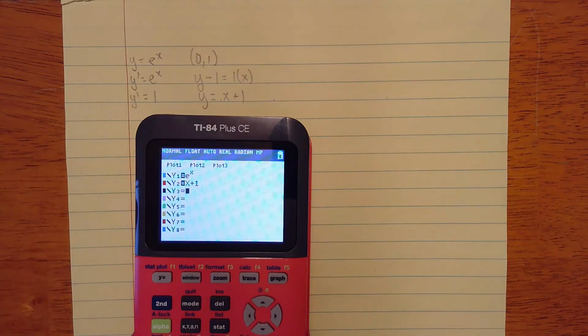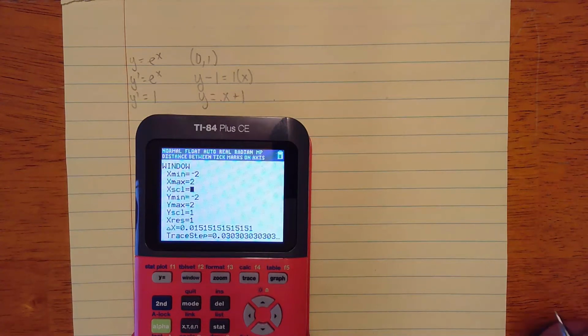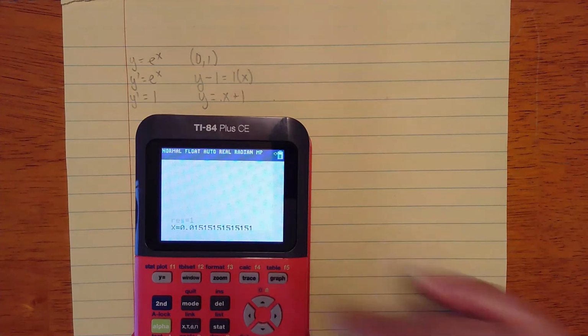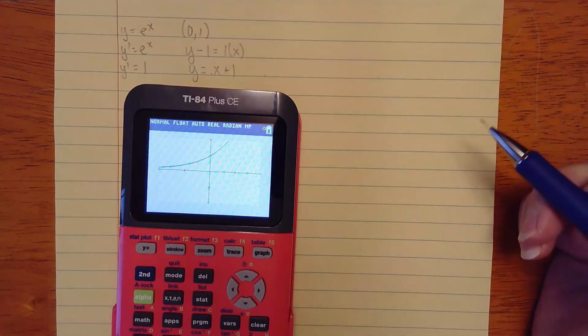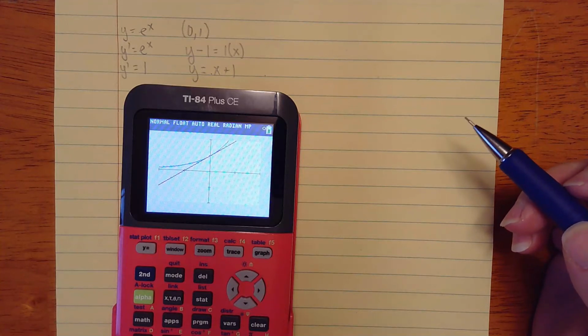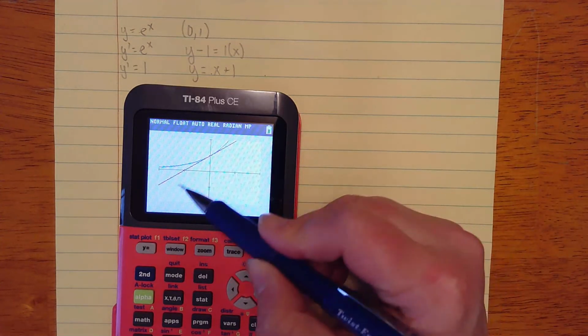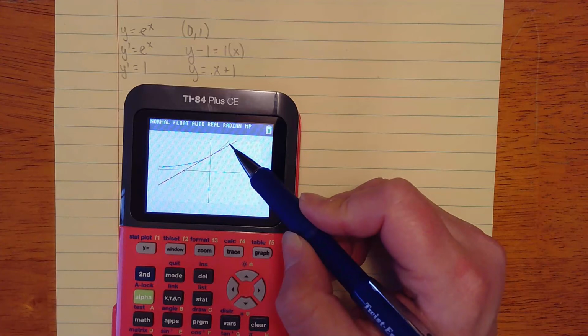I'm going to look at my notes here for the good window that I need. So my window, I'm going to do negative 2 to 2. The rest of that stays the same. Now let's put a graph in there. So that's my e to the x. And that's our tangent line. So that's a tangent line approximation around there.